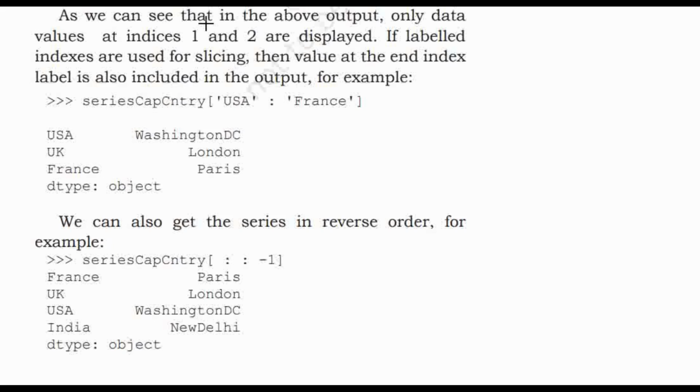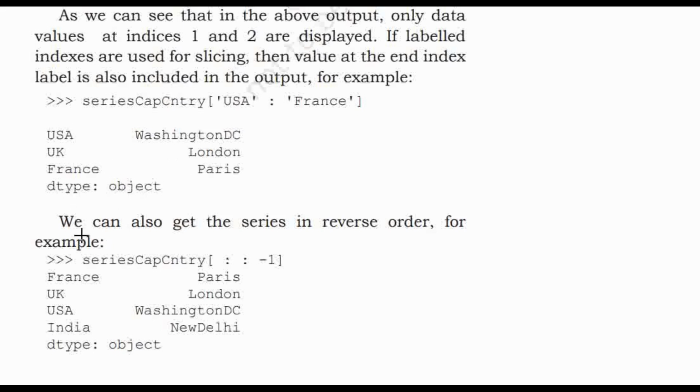As we can see in the above output, only data values at indices 1 and 2 are displayed. If labeled indexes are used for slicing, then value at the end index label is also included in the output. For example, series cap country USA colon France, USA, Washington DC, UK, London, France, Paris.